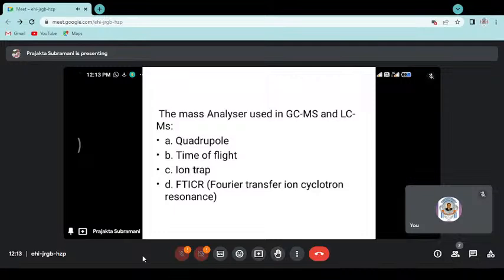The next mass analyzer is the time of flight mass analyzer. In this analyzer there is no requirement of a magnetic field, just a simple electrostatic field is required.